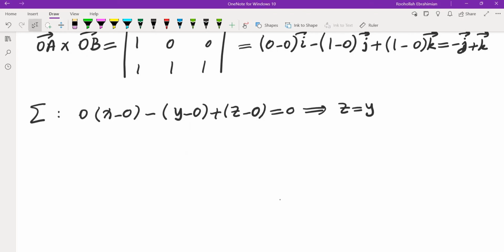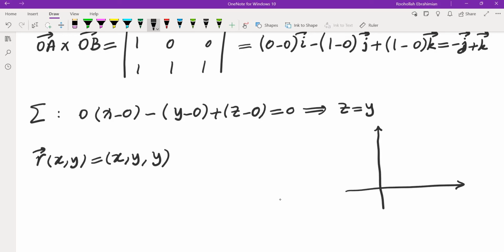Now we can parameterize this one by r(x, y) equals (x, y, y). But now what are the limits for x? Well, we can project it onto the xy plane. Onto the xy plane, the projection would be: the origin stays the origin, (1, 0, 0) becomes (1, 0), and (1, 1, 1) becomes (1, 1).